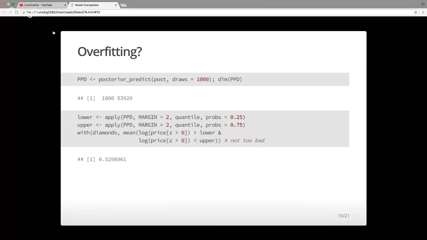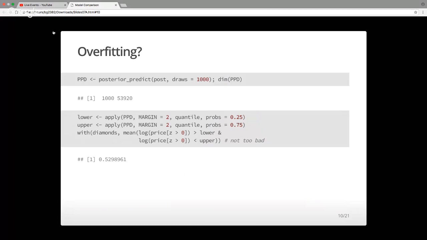What my model implies is that there's a 50% probability that the outcome we observe for this observation, these sets of predictors, should be between here and there. But I have 1,000 draws from my posterior distribution that I'm using to capture my uncertainty as to what the 25th percentile and the 75th percentile are.